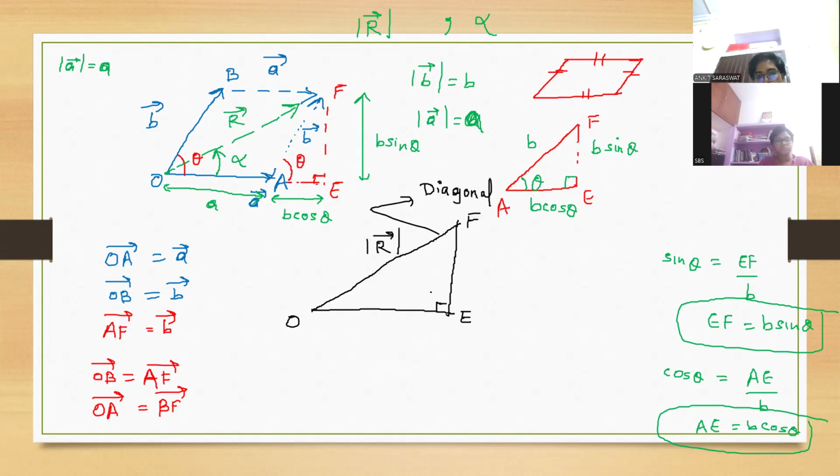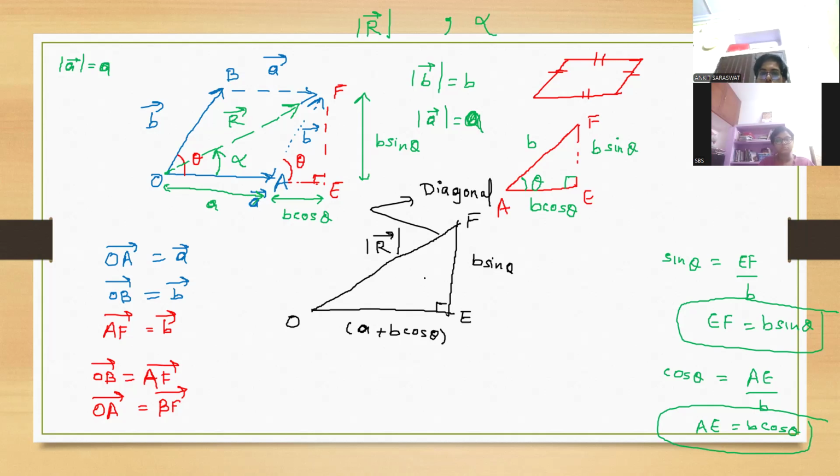This is 90 degrees. This is B sin theta, and this total length, in terms of scalar, is A plus B cos theta. Clear? So Pythagoras theorem we will apply and find the mod R.